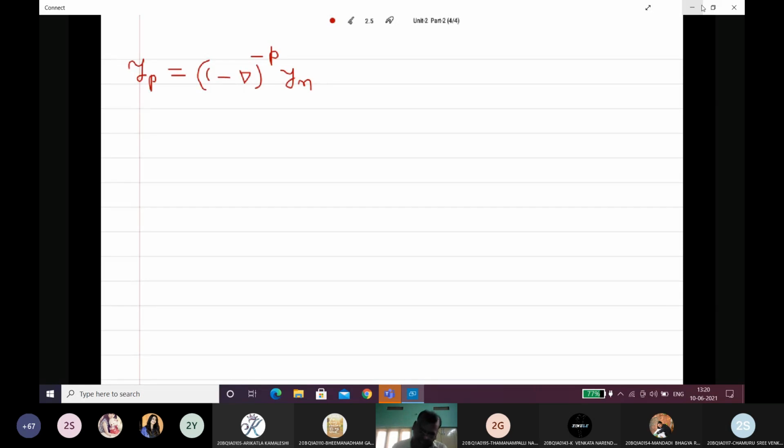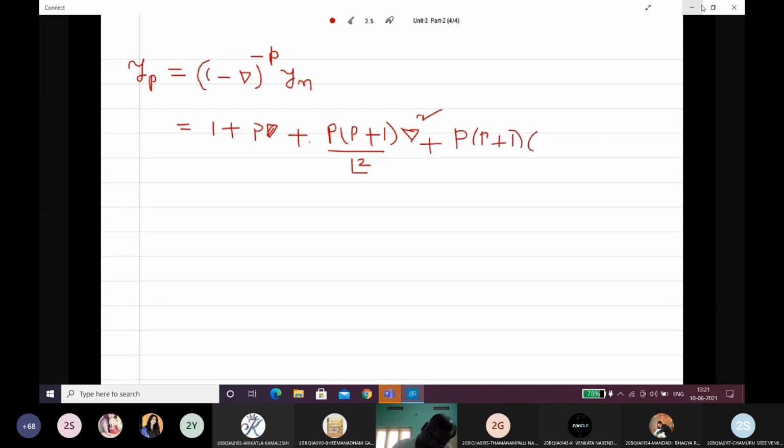All the terms become plus. That is equal to 1 plus p del plus p into p plus 1 by factorial 2 into delta square plus p into p plus 1 into p plus 2 by factorial 3 delta cubed, and so on, of yn.